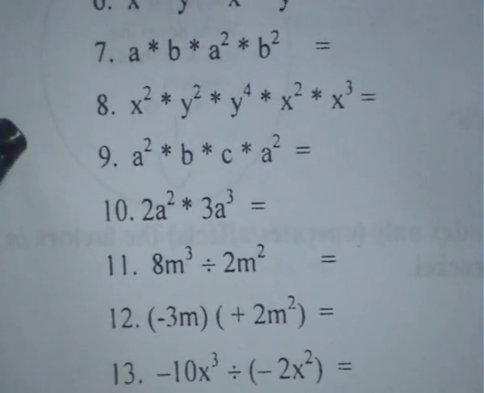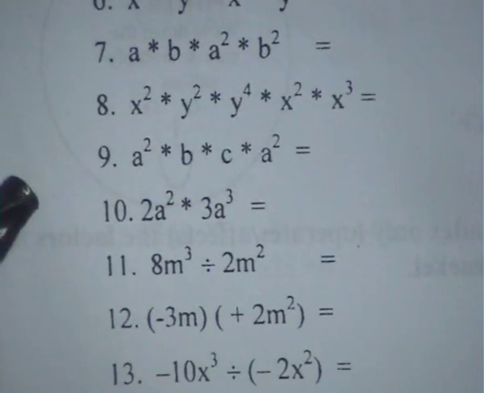Number 8, x squared times y squared times y to the 4 times x squared times x to the 3. Number 9, a squared times b times c times a squared again. Number 10, 2a squared times 3a cubed.